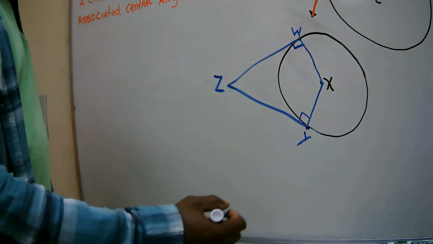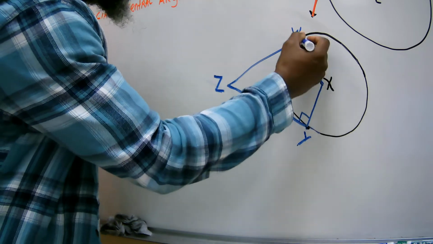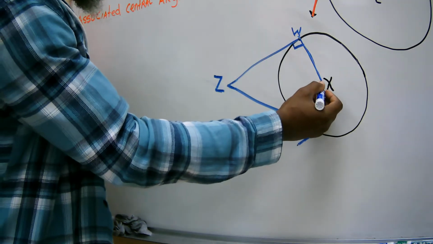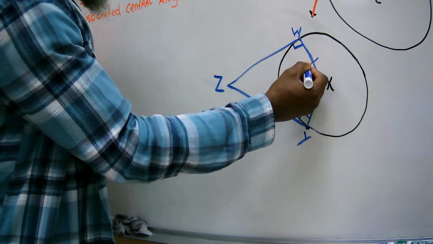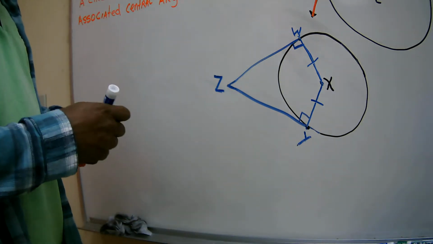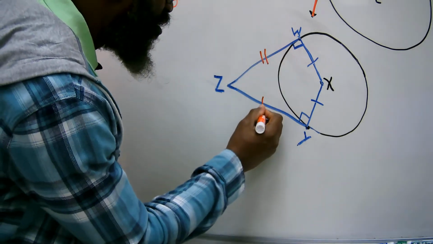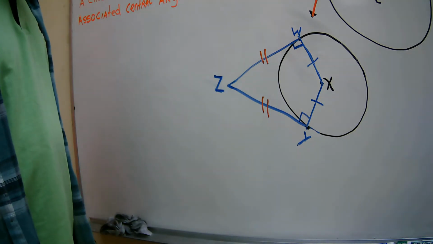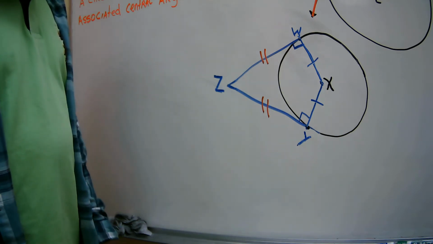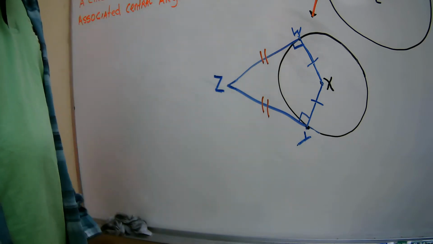Now your central angle is an angle formed between two radii. You have a radius WX and a radius YX. Remember, all radii of a circle are congruent, and we know from prior knowledge that these tangents are congruent. Now, if you recall, you will have a kite. A kite is a quadrilateral whose angles add up to 360 degrees.